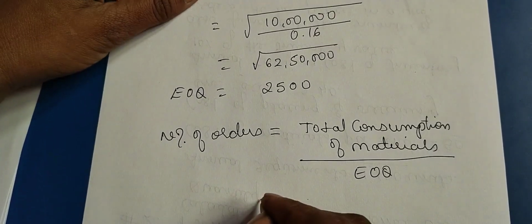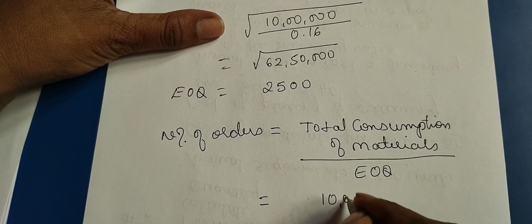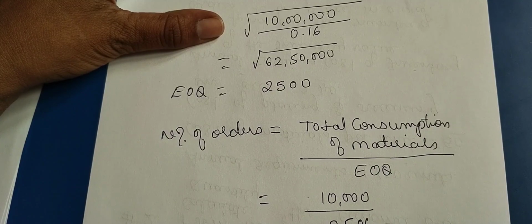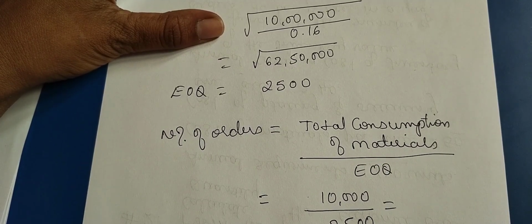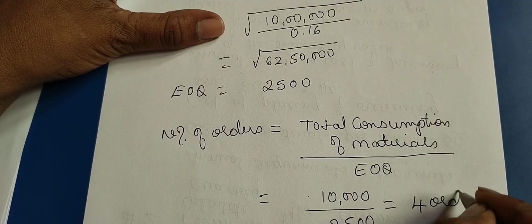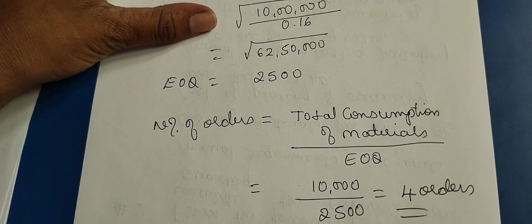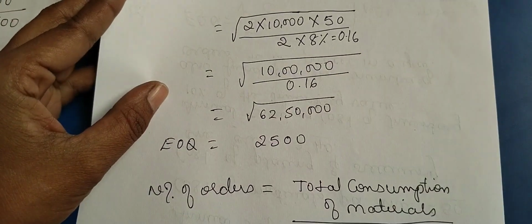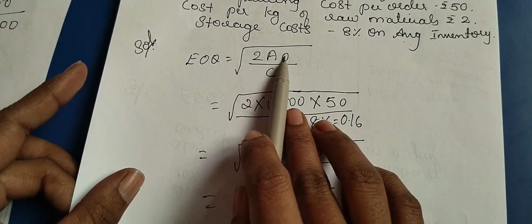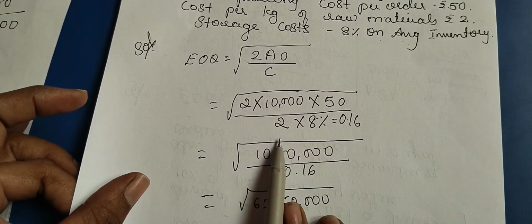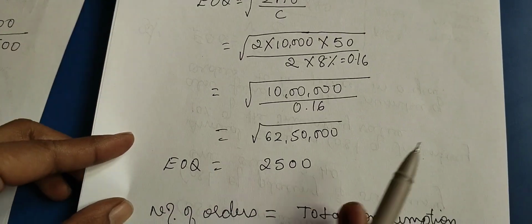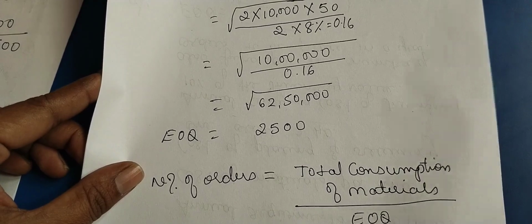The total consumption is 10,000 by 2,500, which is 4. So 4 orders in a year they can place. So here we have calculated EOQ with the help of annual consumption, ordering cost per order and the carrying cost per unit. After calculating EOQ, we have calculated the number of orders also.